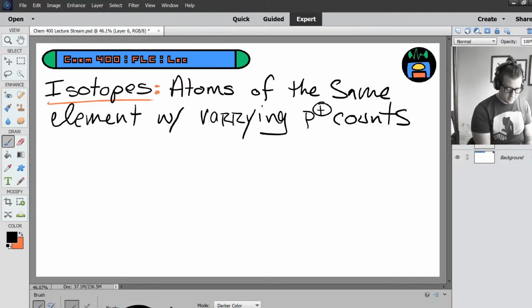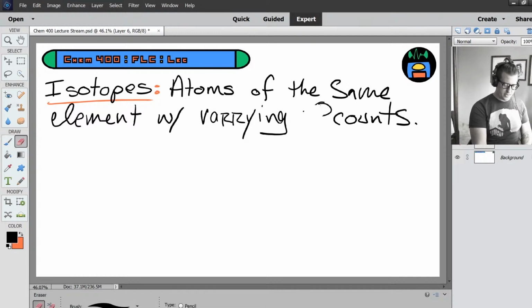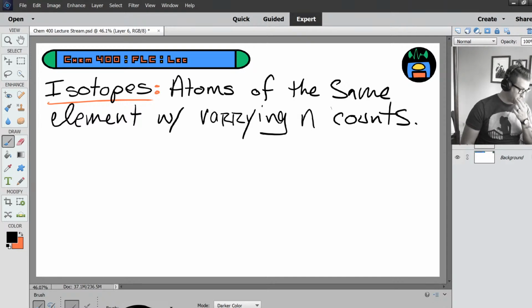Sorry, holy moly, that is completely wrong, right? You can't have different proton counts if you're of the same element. Varying neutron counts. Let's try that on for size.